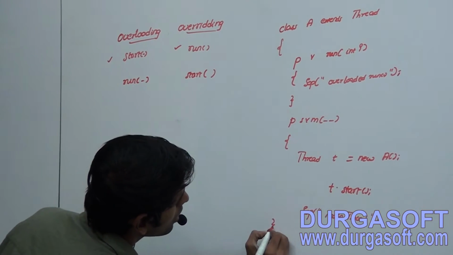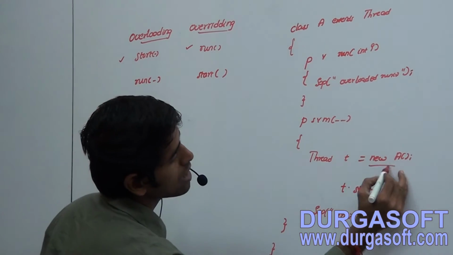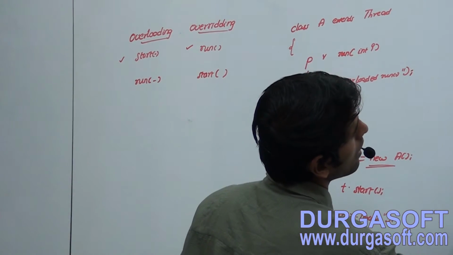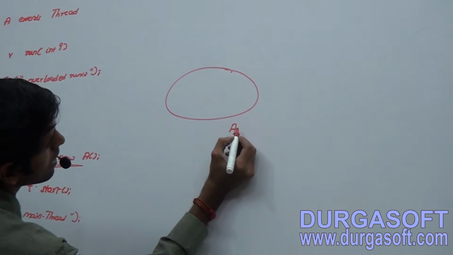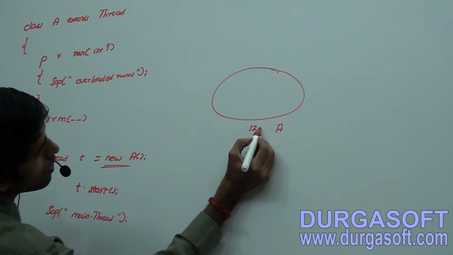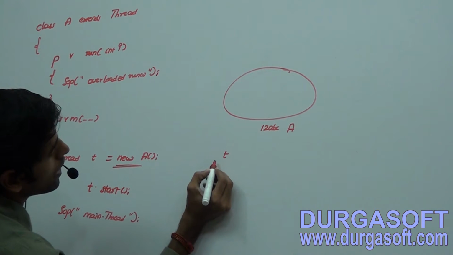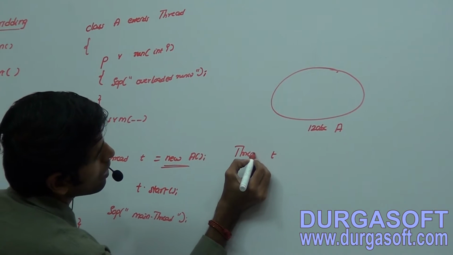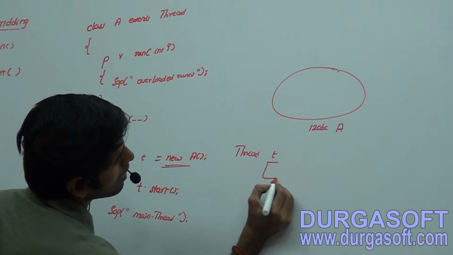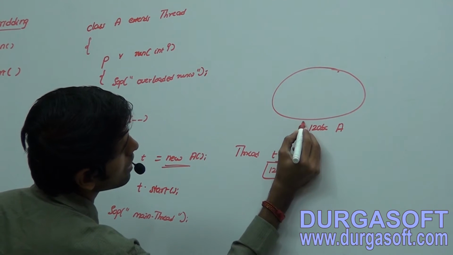Now what is going to happen here? Of course, an instance has been created of type A, and let it have one reference, like 1 to ABC, that we are copying to the t identifier which is of type Thread. It will be referring to this instance.